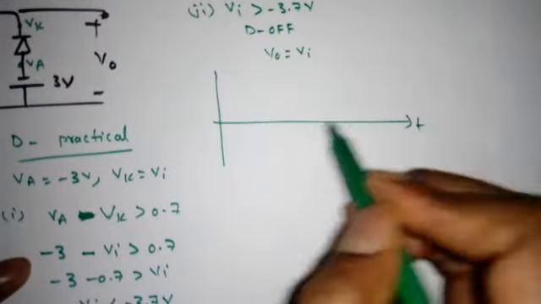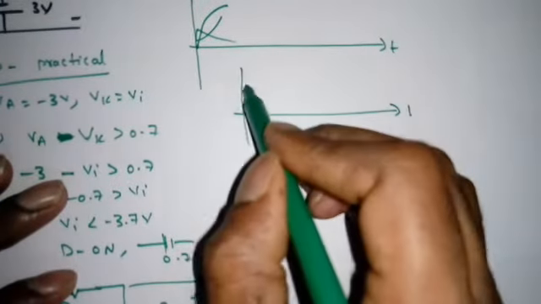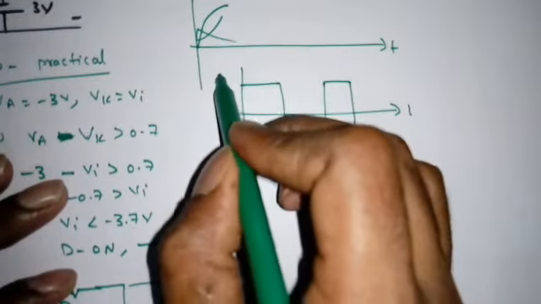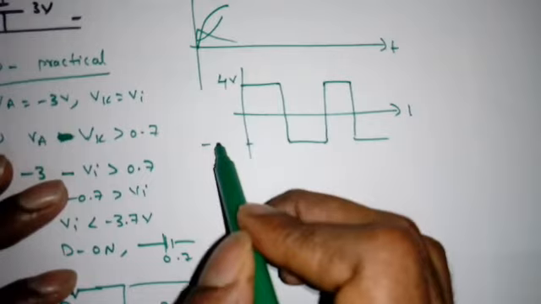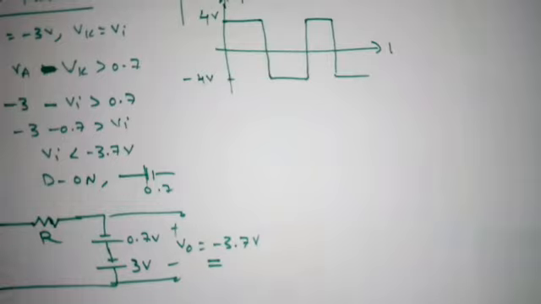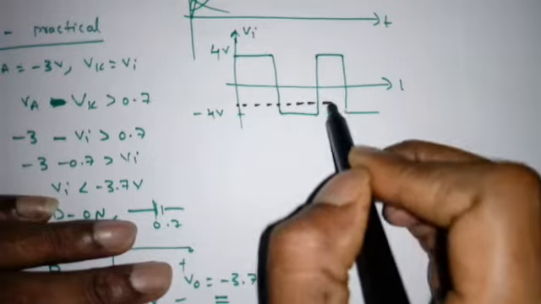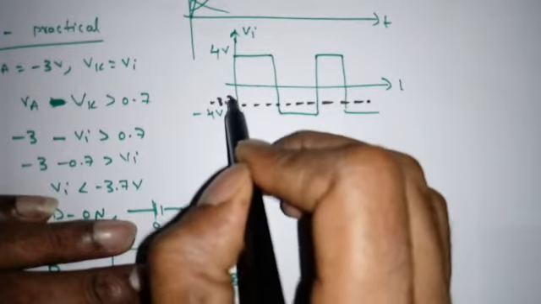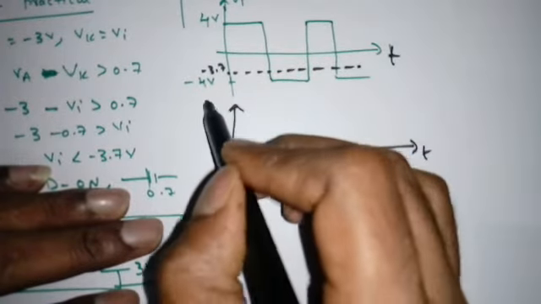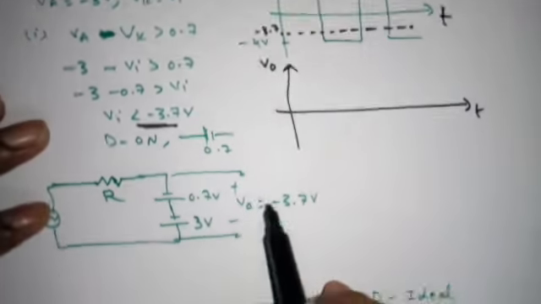Now to draw the output waveform. Okay, I have taken the square waveform. What is this? Maximum 4 volt, minus 4 volt. This is VI. Now what is the reference value now? Minus 3.7, so very close to 4 volts. This is the V0. When VI is less than minus 3.7, what is the value?